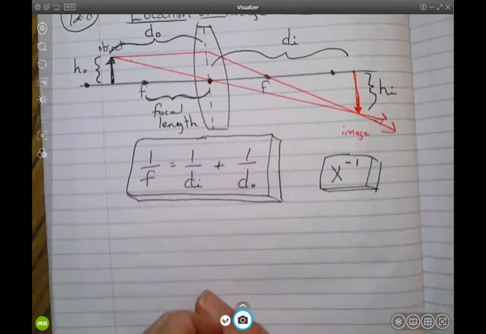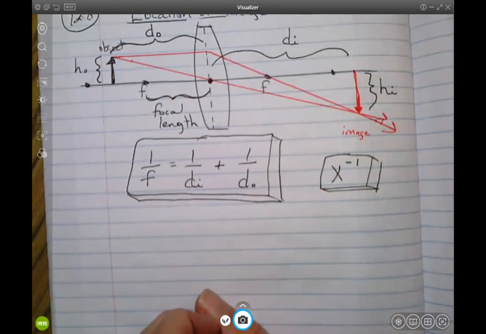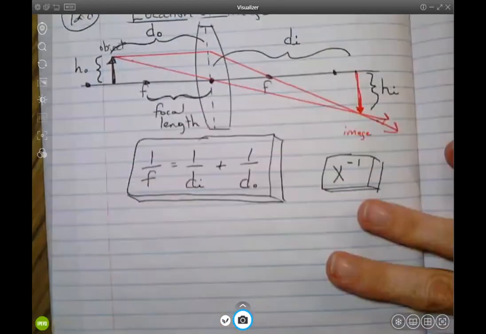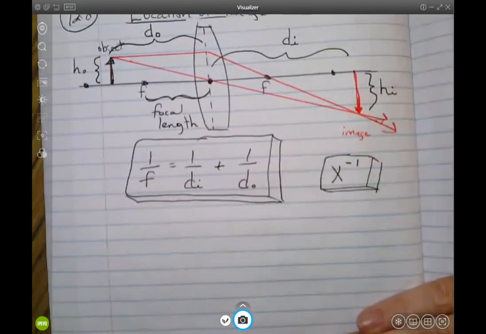Now, does anybody know what magnification means? If I say something's magnified, what does that mean? It's bigger. So magnification is like a factor by how much you're changing the height of the object. So we also can find that magnification using these variables.